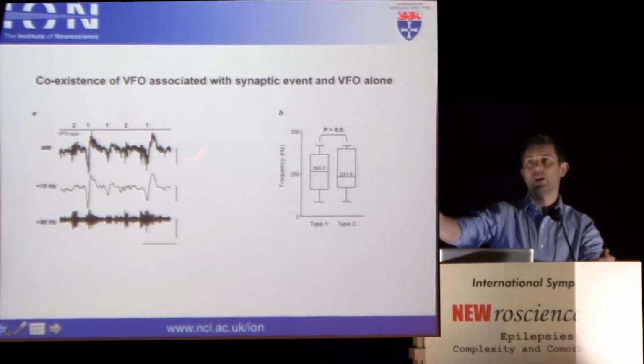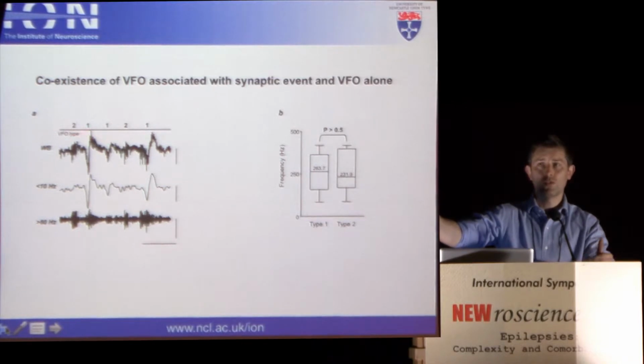So here on this side of the slide, you can see that this is our raw data that we've recorded, and what we've done is essentially filtered the data either to look at the slow sharp wave potentials or to look at the high frequency oscillations. And what we observed was that in fact there were two types of events which we simply classified type 1 and type 2.